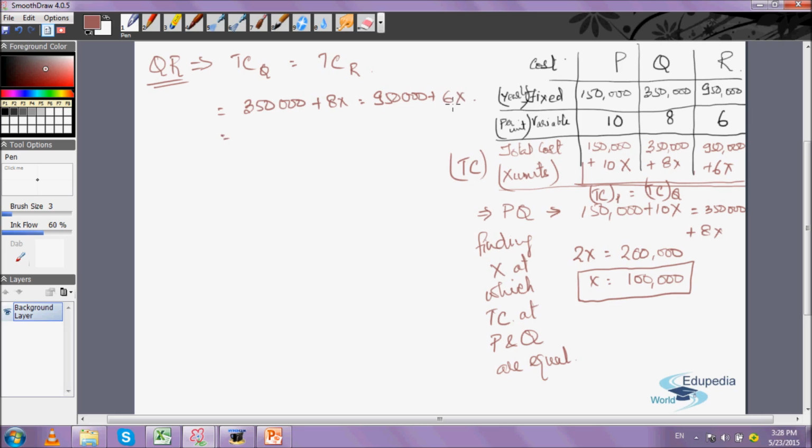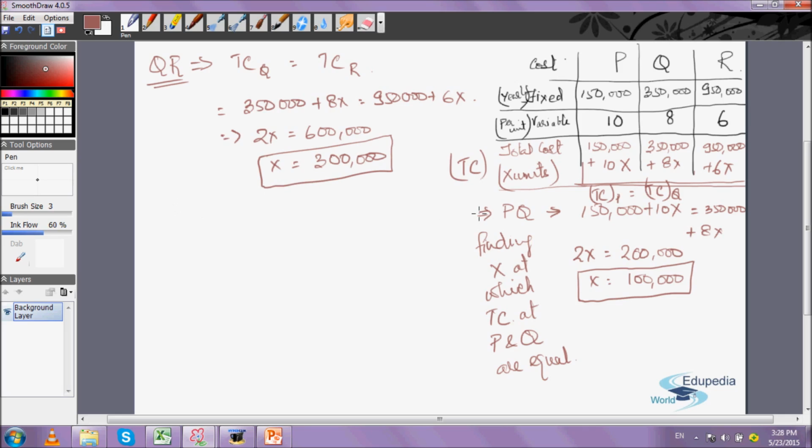Again solving them, let me take the 6x to the left hand side. We will have 8 minus 6, that is 2x, equals 950 minus 350, which is 600,000. So from here we get that the value of x would be 300,000. So for Q and R it's 300,000.